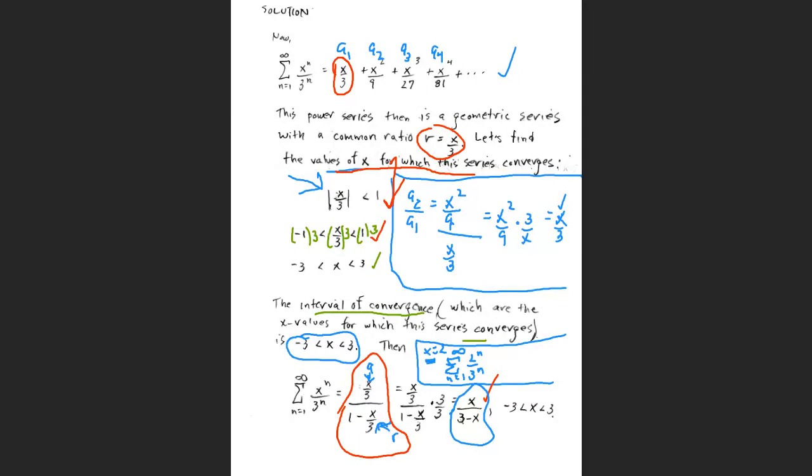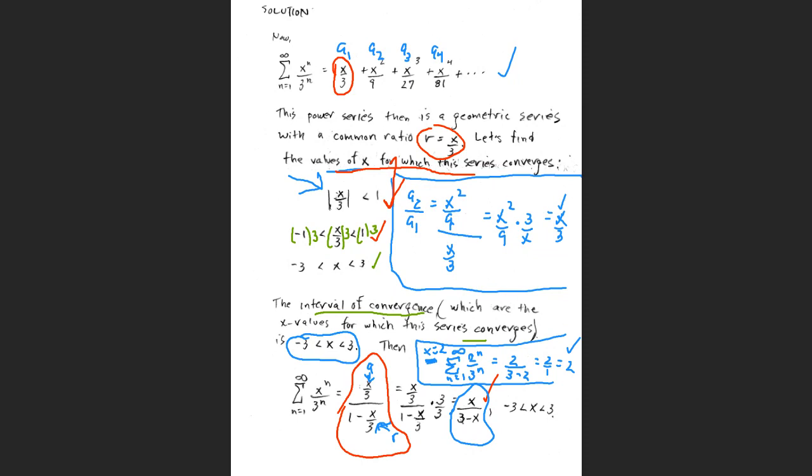If x, for instance, were equal to 2, the series, because now we're putting in a value of 2 for x, would equal 2 over 3 minus 2, which is 2 over 1, which is 2. So that would be the sum.